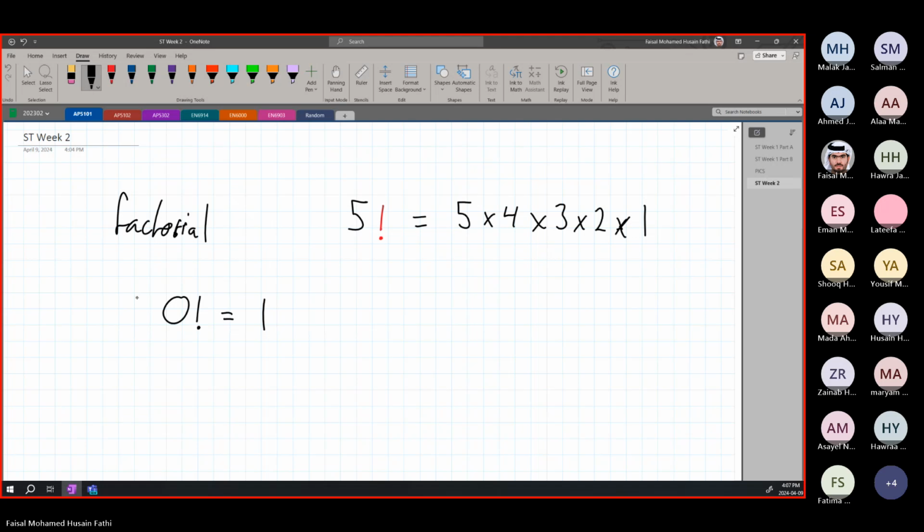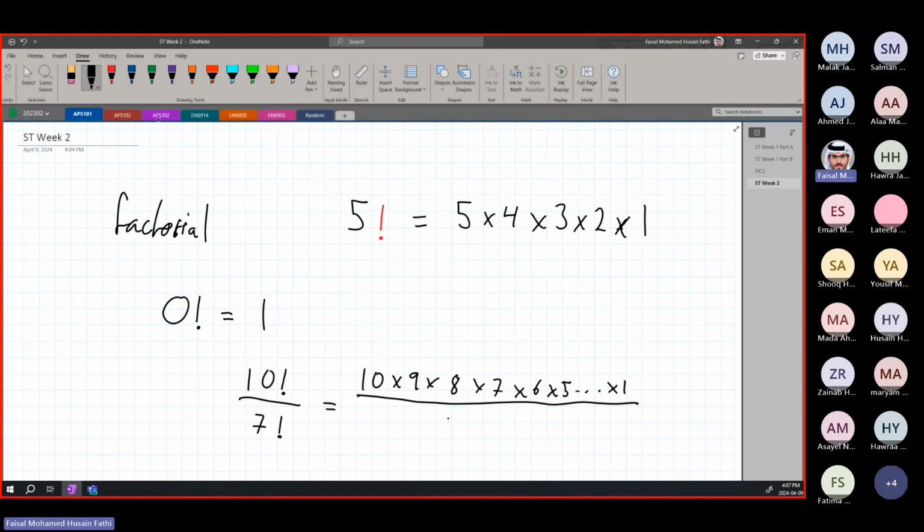And when you have division of factorials, you can cancel them out. For example, if you have 10 factorial divided by 7 factorial, remember this is simply equal to 10 times 9 times 8 times 7 times 6 times 5, all the way to 1, divided by 7 times 6 times 5, all the way to 1.